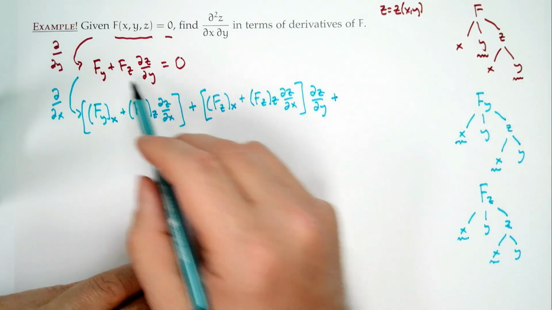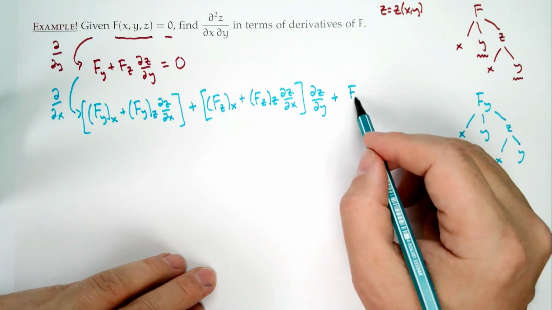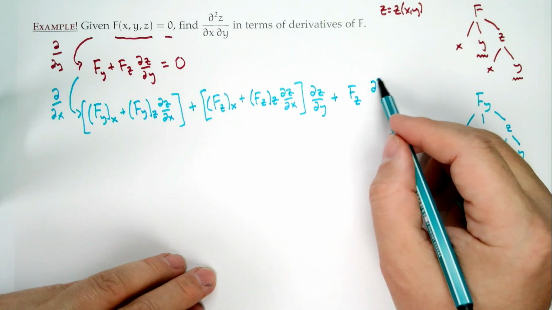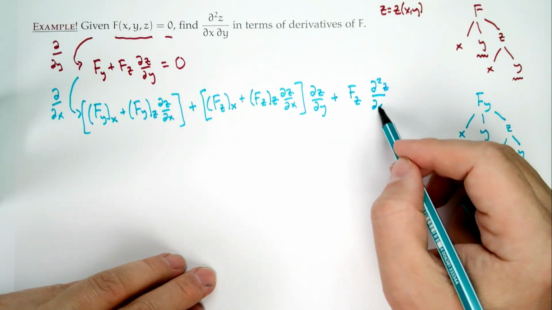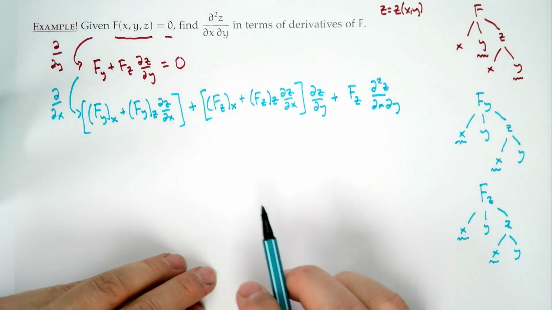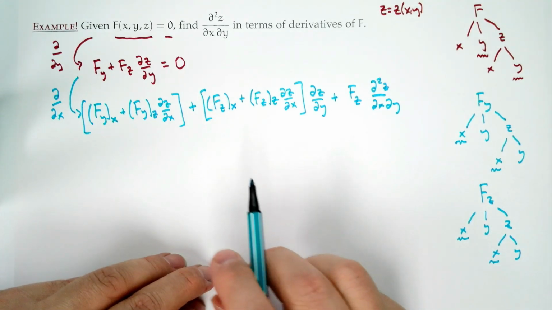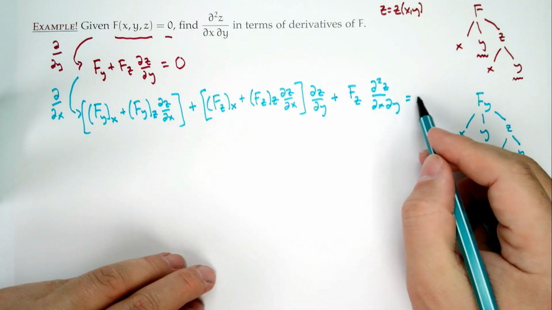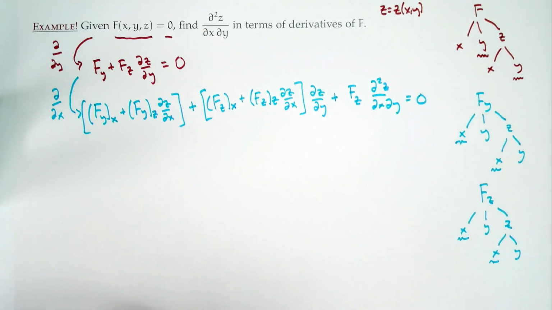Then of course we add to that the first term, f sub z, times the derivative of the second term. That's partial squared z partial x partial y. Good. Well, actually, we're not done. That's the left-hand side equals the derivative of the right-hand side, 0.